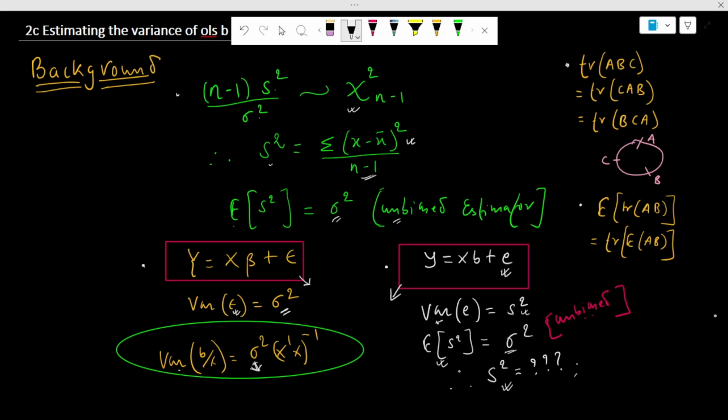The trace of the matrix ABC is equal to the trace of CAB and the trace of BCA. We follow a cyclic permutation: ABC, BCA, CAB, and so on. This is true for any matrices. And the expectation of the trace of AB is equal to the trace of the expectation of AB, so we can interchange the order of expectation and trace.